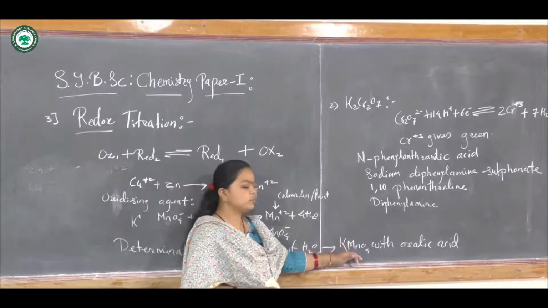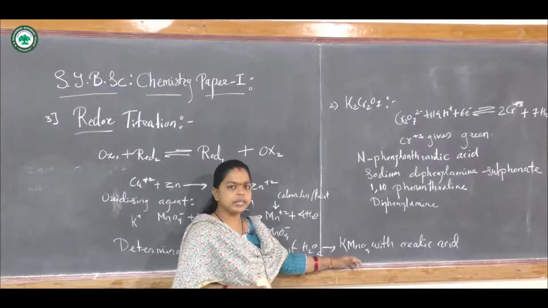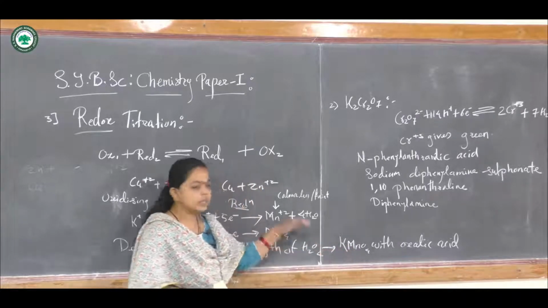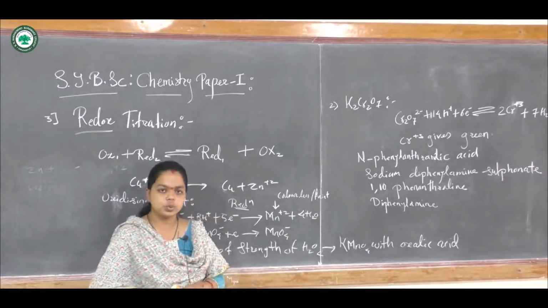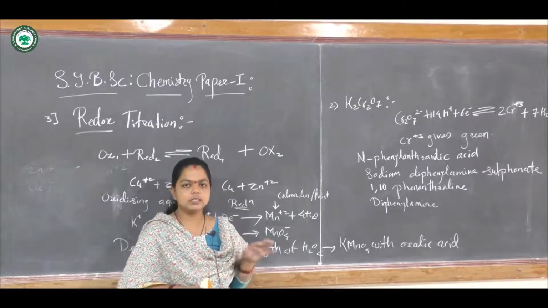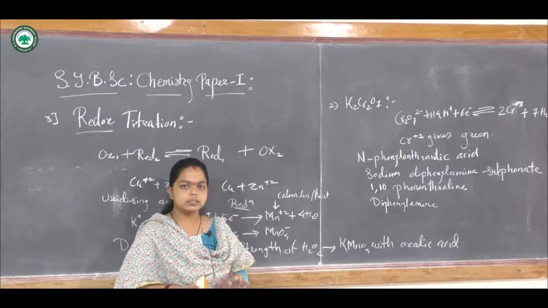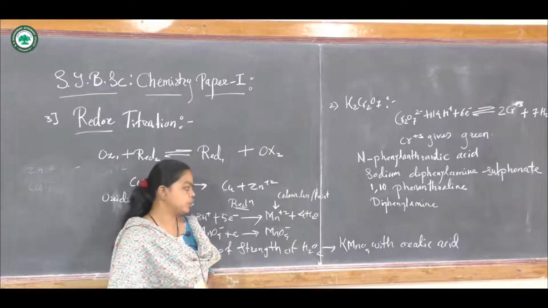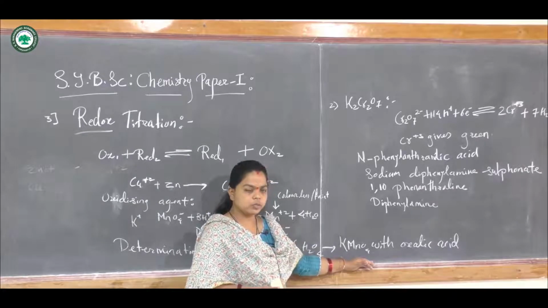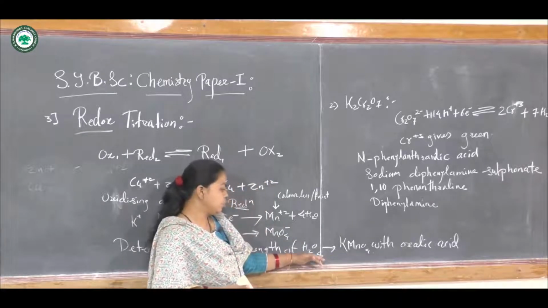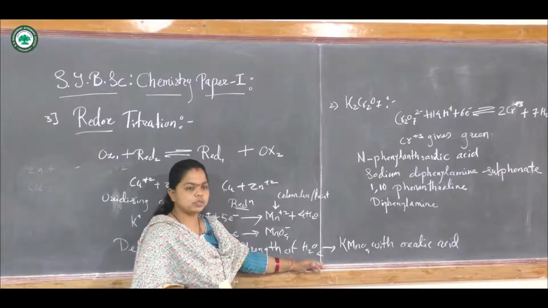So the KMnO4 having the exact known concentration can be titrated with the unknown concentration of the H2O2 sample. So from this titration we can determine the strength of the H2O2, because the concentration and volume of the KMnO4 are exactly known, and the volume is known but the concentration of the H2O2 is not known.